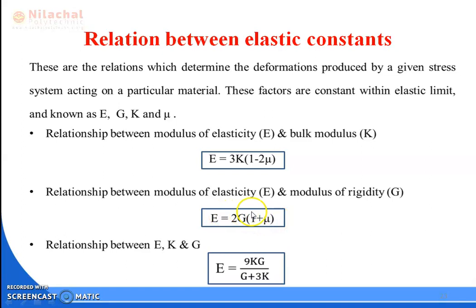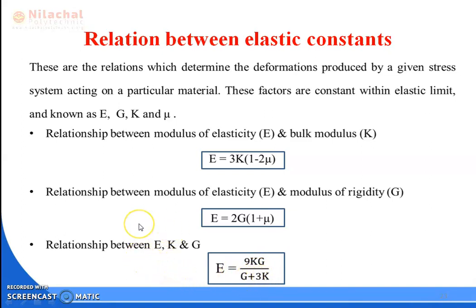It is the relationship between E and G. Then the third relationship is between Young's modulus, K and G: capital E equals 9KG divided by G plus 3K.